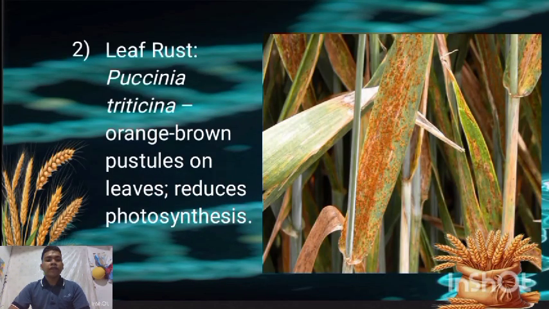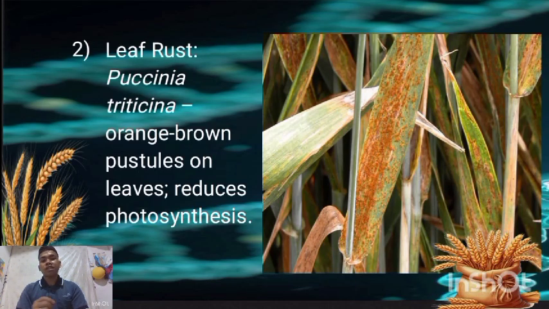Number two is leaf rust, Puccinia triticina, with orange-brown pustules on leaves, which reduces photosynthesis. It can also be seen on the wheat leaves, but in orange-brown color, and it reduces photosynthesis, because we all know that the area where photosynthesis happens is in the leaves.